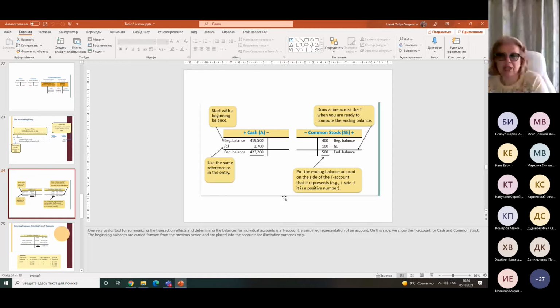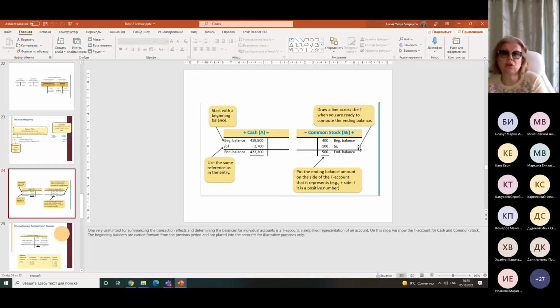Of course, in your test, you will find questions to calculate beginning balance, ending balance, some changes on debit side, on credit side, and it's important to understand the structure of accounts. So normally asset accounts have a beginning balance on debit, all increases on debit, all decreases on credit, and when we compute ending balance, we should take beginning balance plus debits and minus credits.